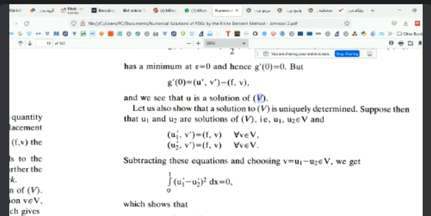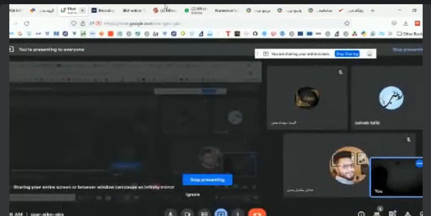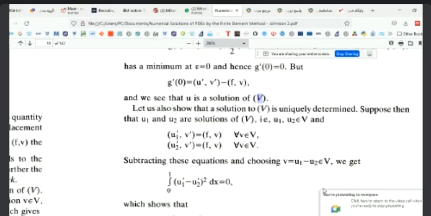So based on the solution of V and the definition of V, we will have the inner product of U1 prime and V prime equals the inner product of F and V. And of course, the same thing happens for U2: the inner product of U2 prime and V prime equals the inner product of F and V.